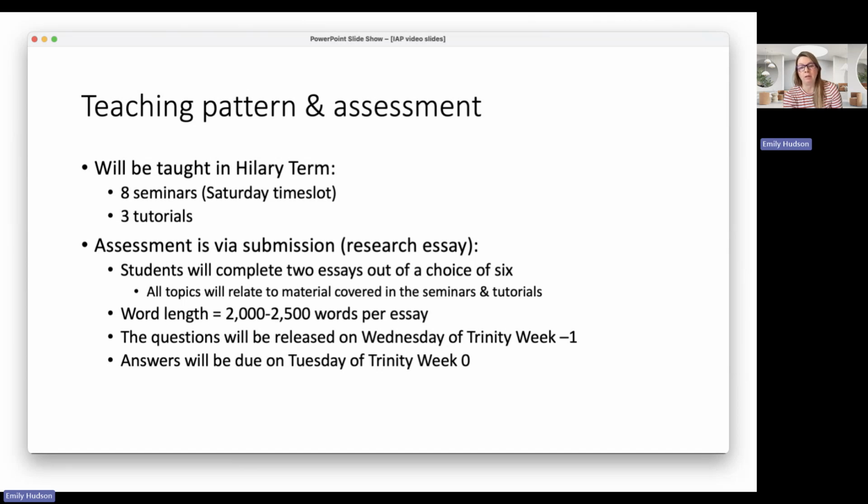So you will then submit those, and that is the assessment done before Trinity begins proper. So that's, I think, maybe quite attractive to some of the BCL students to get some of their options and assessment all done and finished before the big assessment period in Trinity.